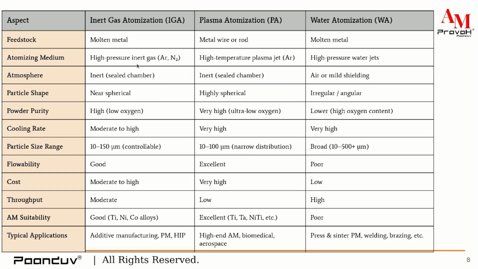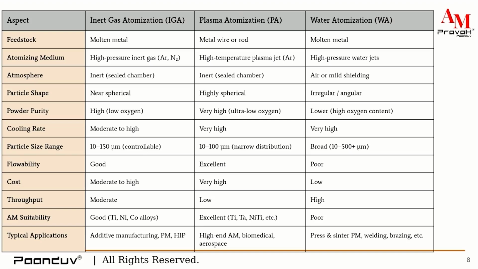Now there is a clear distinction between inert gas atomization, plasma atomization, and water atomization processes. And the thing that we want to look at is the particle size ranges. When we use the inert gas atomization process, the particle size ranges from 10 to 150 micrometer, and it is controllable depending upon the speed of the gas that you are providing.